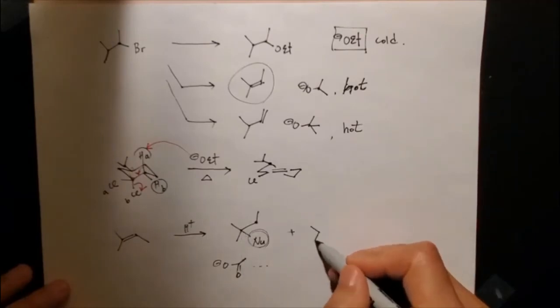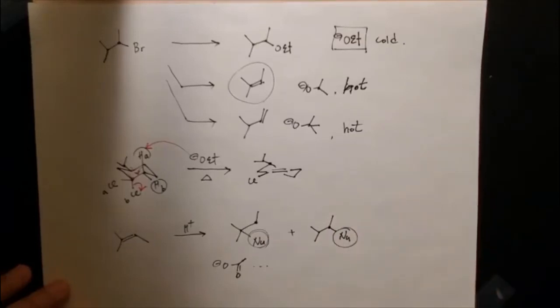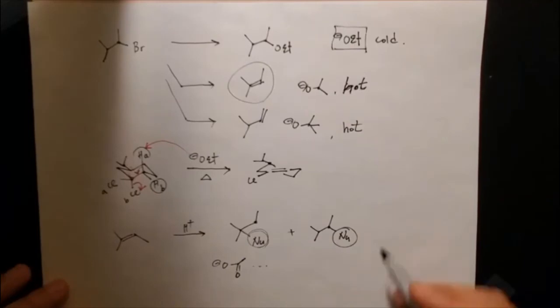The other regioisomer, anti-Markovnikov, putting a nucleophile there, any type of nucleophile, is anti-Mark. So you can directly put there, but there are only two options. You can put OH or halogen. If you want to put something like that, that's not possible directly.